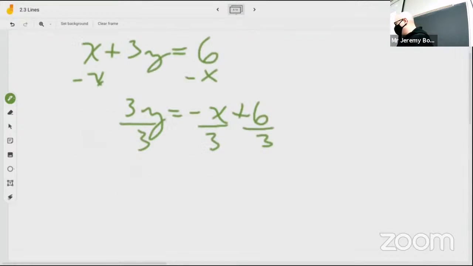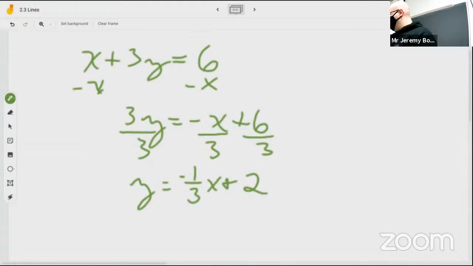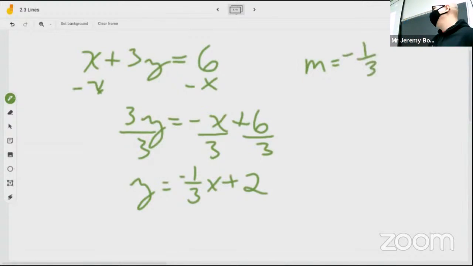And so we're going to have y equal to, what is -x over 3? How are we going to write that? -1/3 x. And this is going to be plus what? 2. So our slope is what? -1/3. Any questions on that?